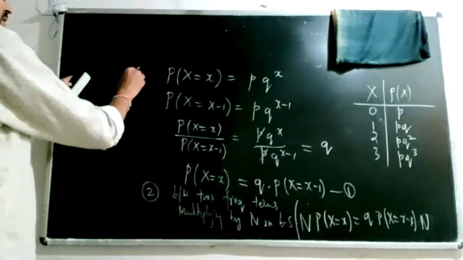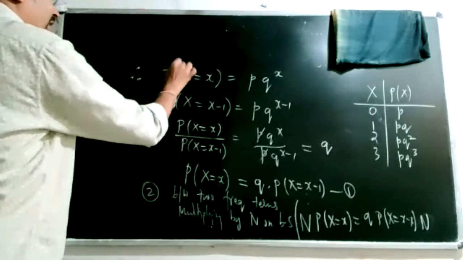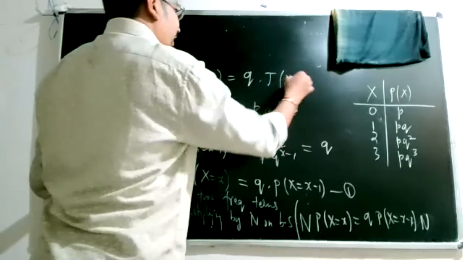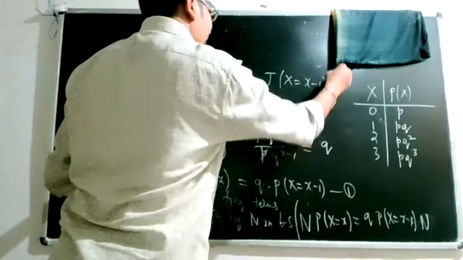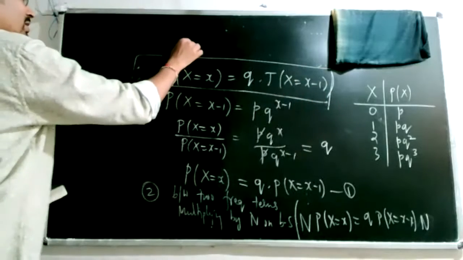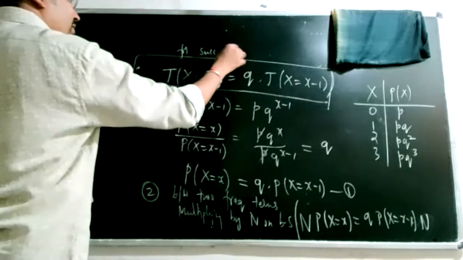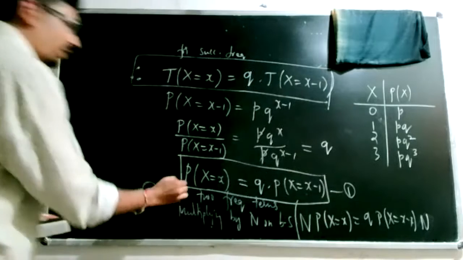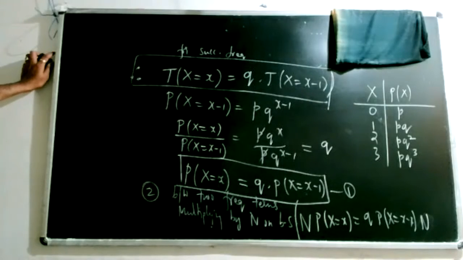So you have p of x equals x is equal to q into p of x equals x minus 1. So this is the recurrence relation for two successive frequency. This is the recurrence relation for two successive probability terms.